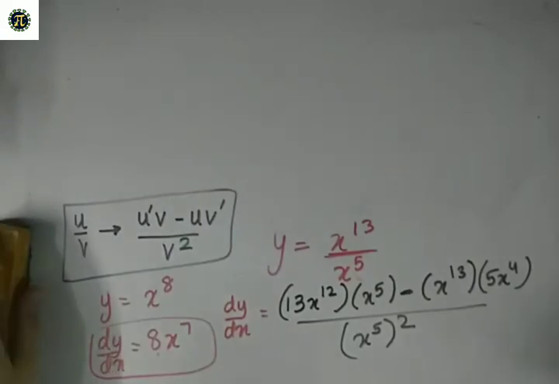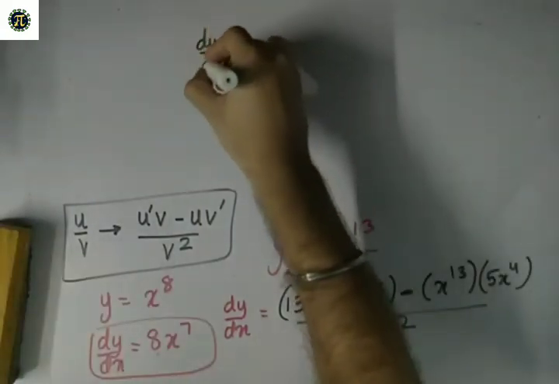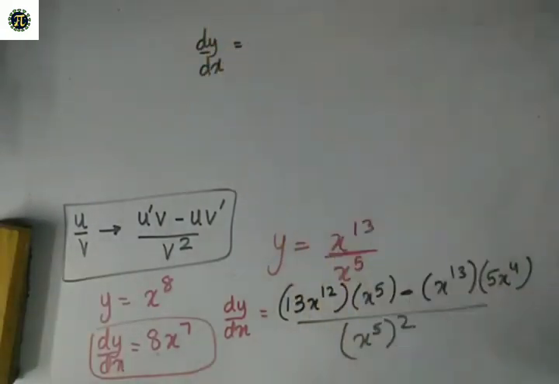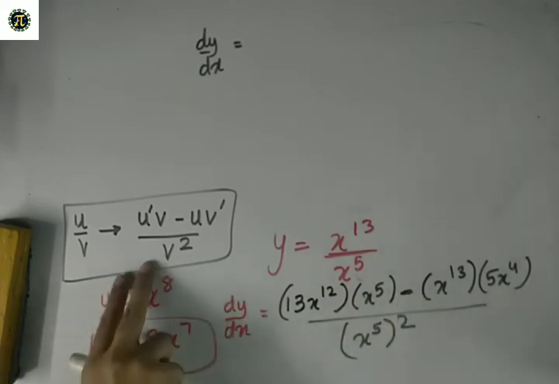Now dy by dx is equal to, so please check, differentiation of the numerator, denominator remains same, minus sign, numerator, and differentiation of denominator, square, using this formula.